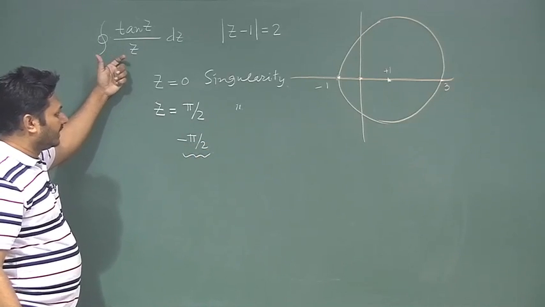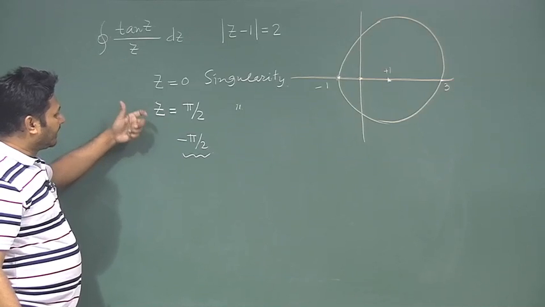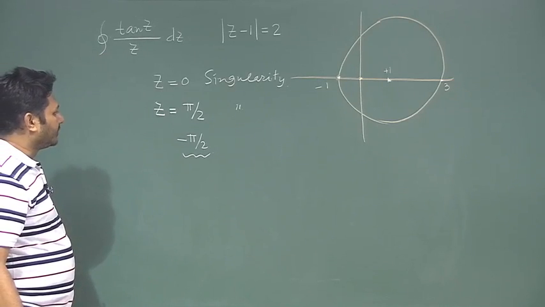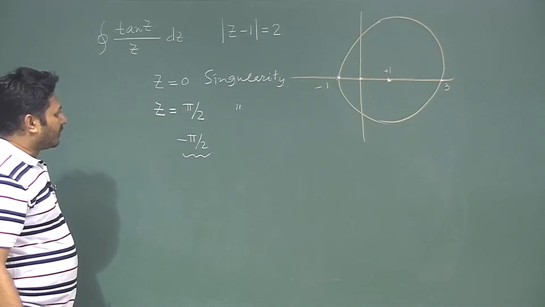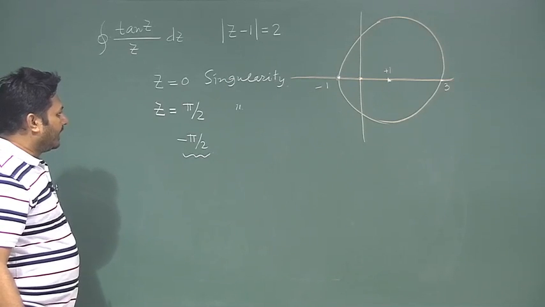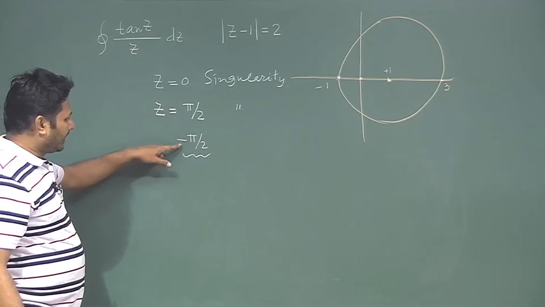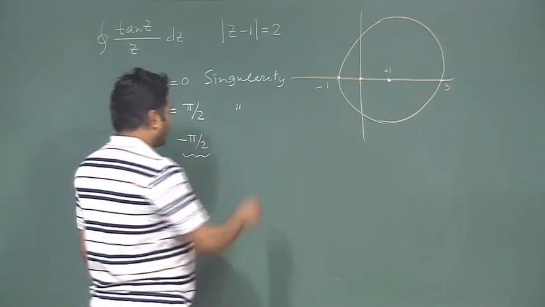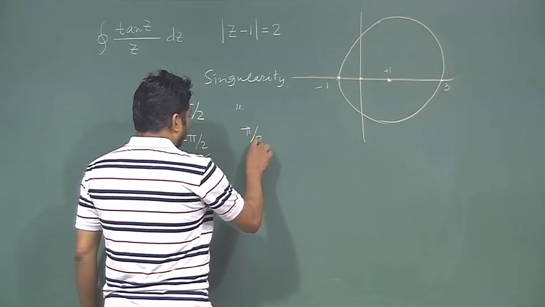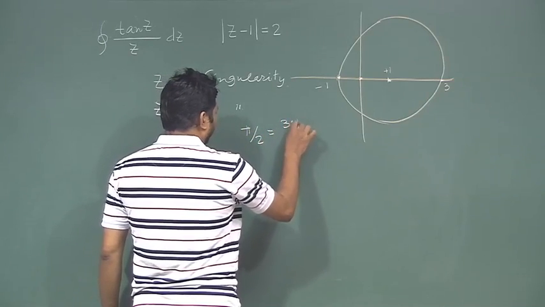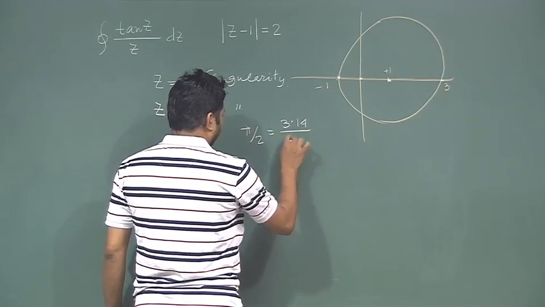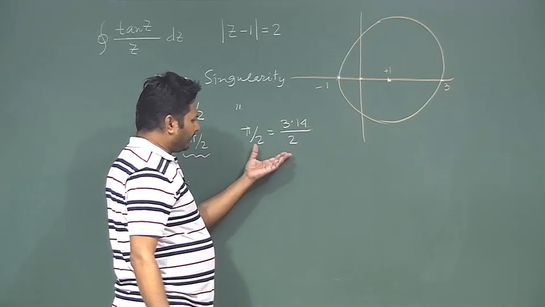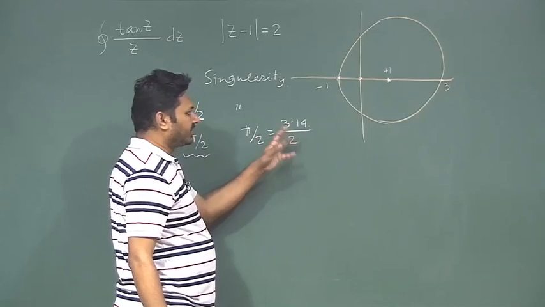I am checking where I am getting the singularity: minus pi by 2, pi by 2, and the odd multiples of all these quantities seem to be the singular points. Now the question is, where are pi by 2 and minus pi by 2 situated in this? Pi by 2 is around 3.14 divided by 2, so it is roughly 1 point something.